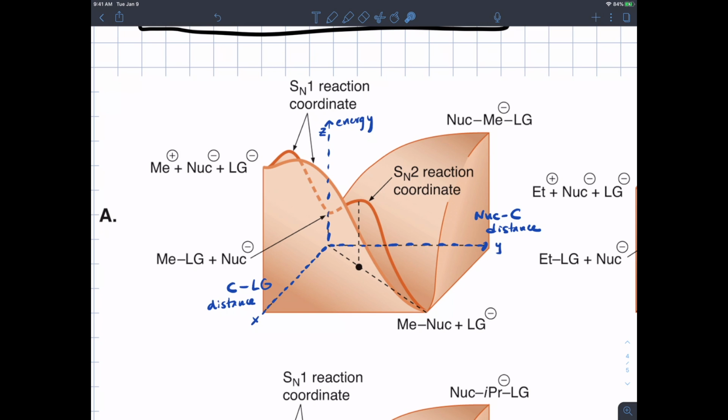All right. Alternatively, if we go on the y-axis first, the nucleophile comes in all the way before the leaving group has left. That's an associative mechanism, and it generally doesn't happen for carbon, in part because carbon's too small. But it can happen for other kinds of things, especially things that are bigger than carbon.